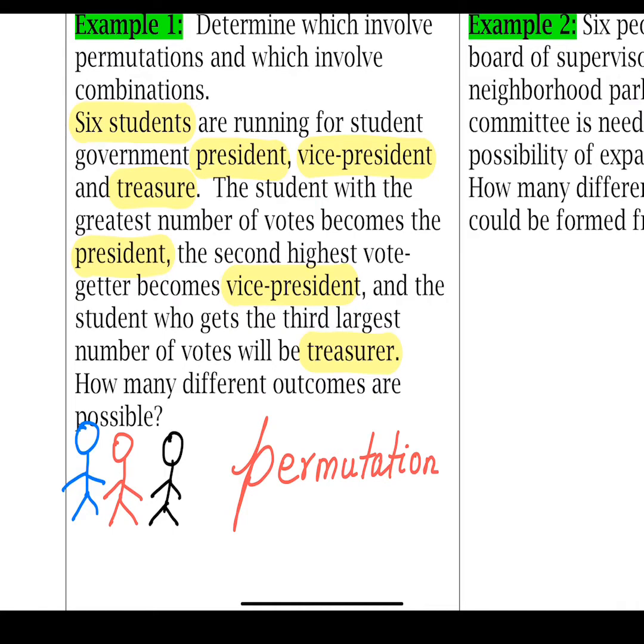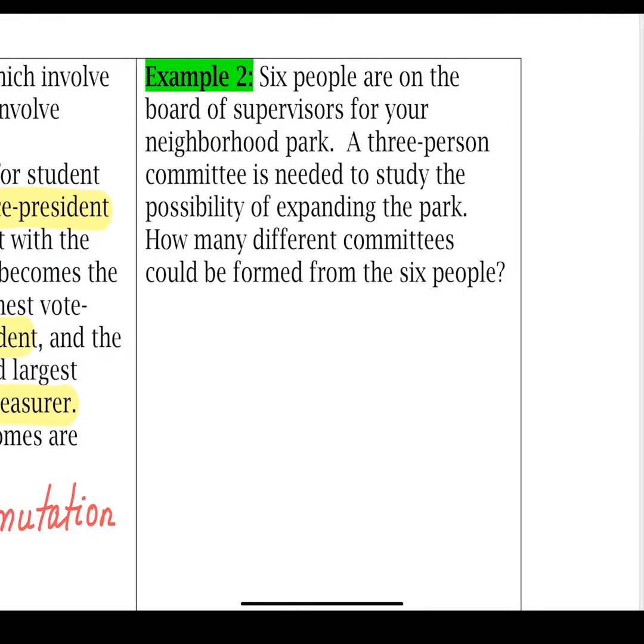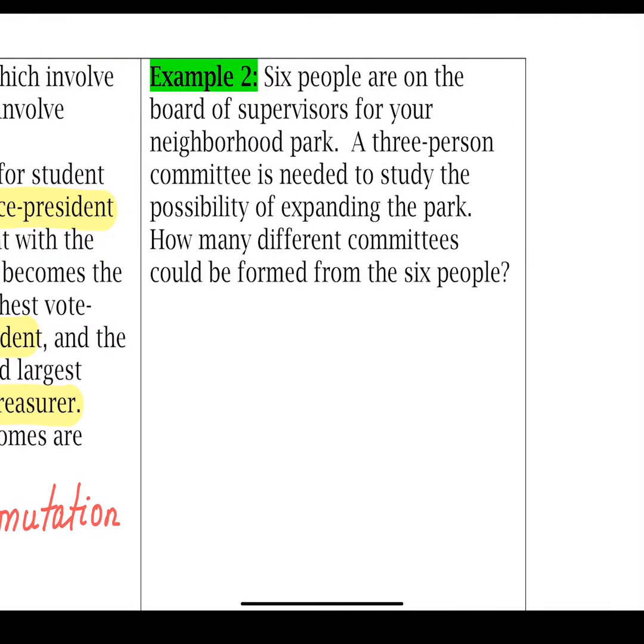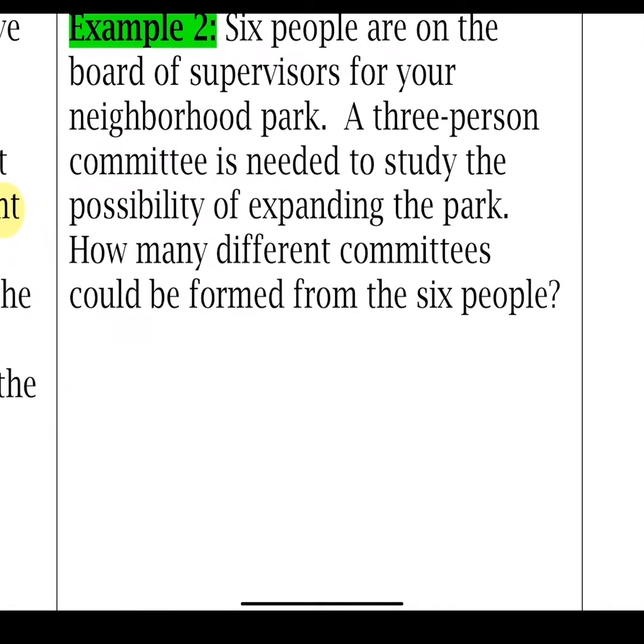Now let's see an example for a combination. How does a combination look? 6 people are on the board of supervisors for your neighborhood park, and a 3-person committee is needed. I want to pause here. They just told me they want a 3-person committee.